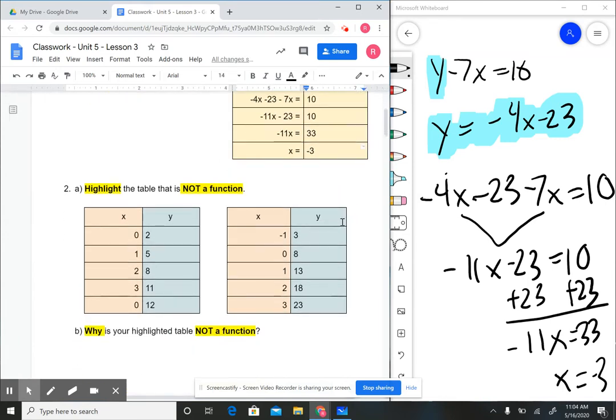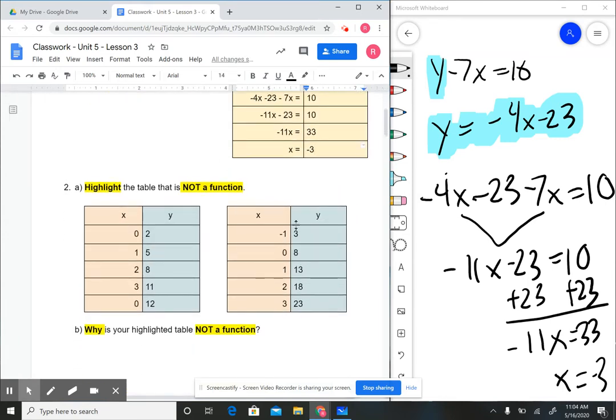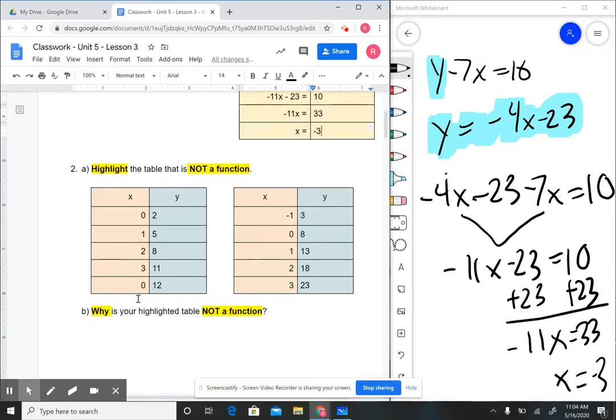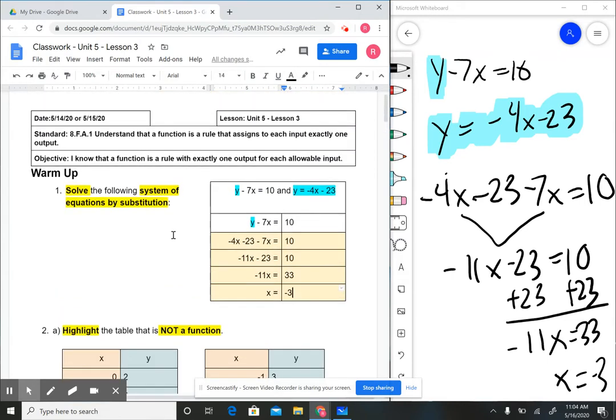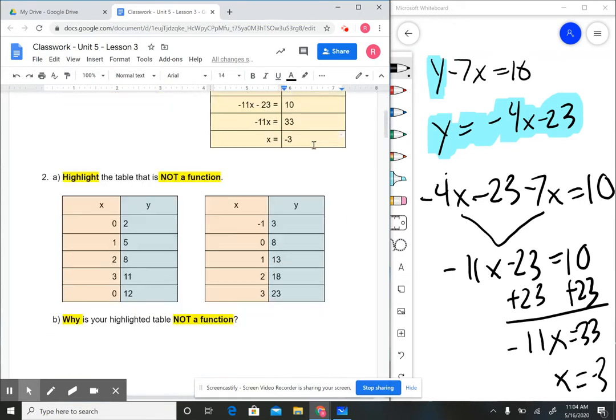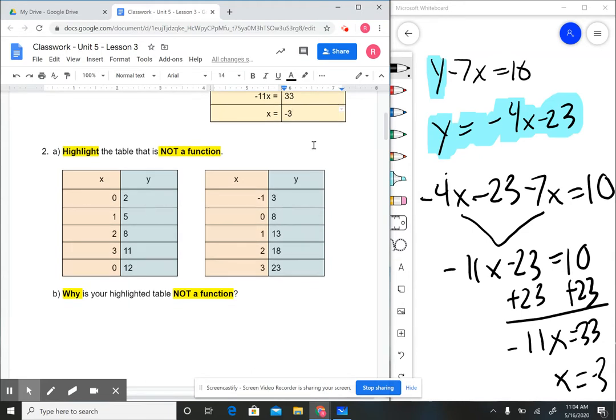And then for this one, we're going to highlight a table that is not a function, and then write why your highlighted table is not a function. A function is a rule that assigns each input exactly one output. So each input has to have exactly one output. Here, the inputs are negative 1, 0, 1, 2, 3, and they all have unique outputs.